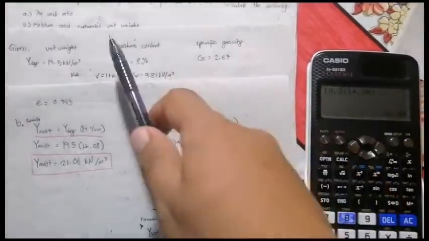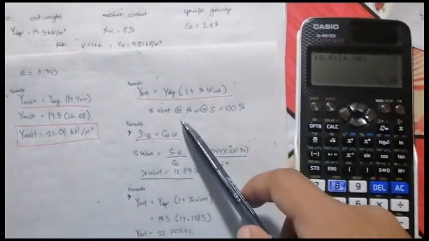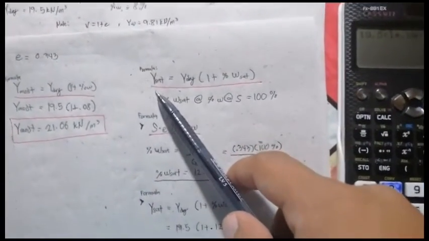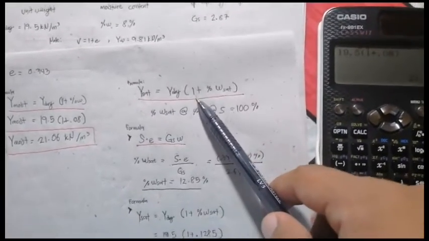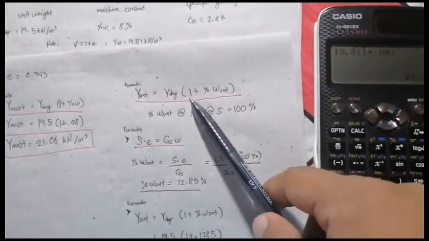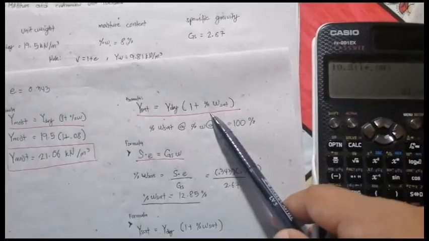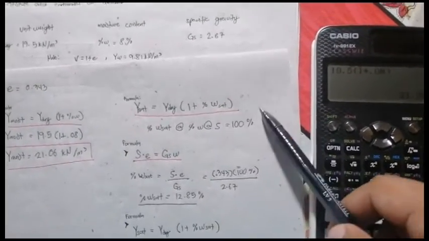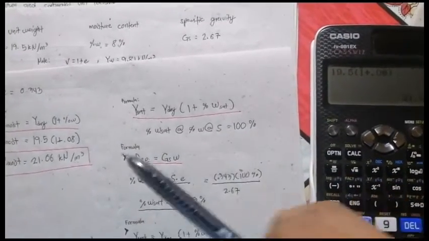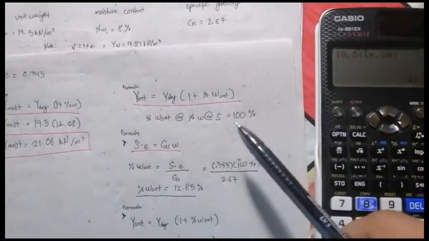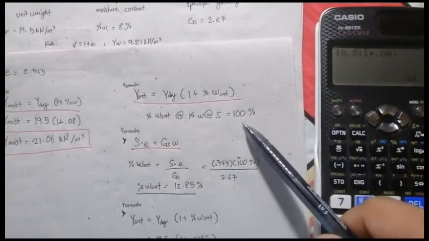Kunin naman natin yung saturated unit weight. Ito yung formula: saturated unit weight is equals to the dry unit weight multiplied by the quantity of 1 plus the moisture content of the saturated. Ibig sabihin nun, ilalet lang natin na ang ating saturation ay nasa 100%.